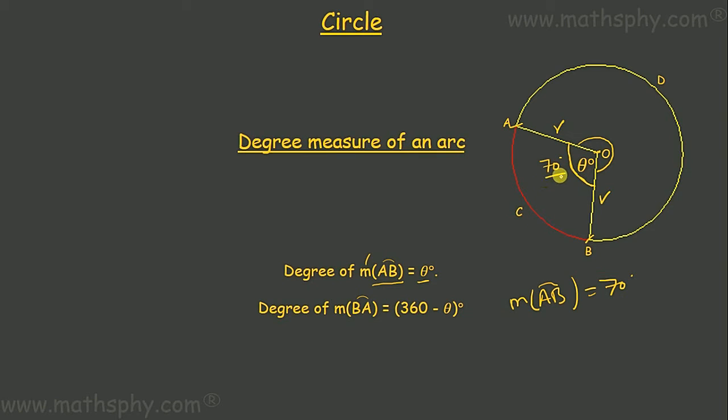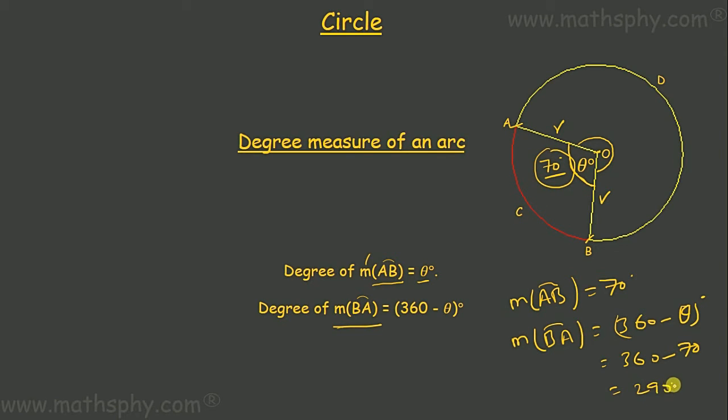If theta is 70 degrees, then the degree measure of this arc BA, m arc BA with a hat there, is 360 minus theta degrees. Since I have taken theta as 70 here, this will be 290 degrees. So the degree measure of any arc, or we simply say the angle of this arc AB, is theta degrees, and if we know the angle, that angle will be the degree measure of that arc.